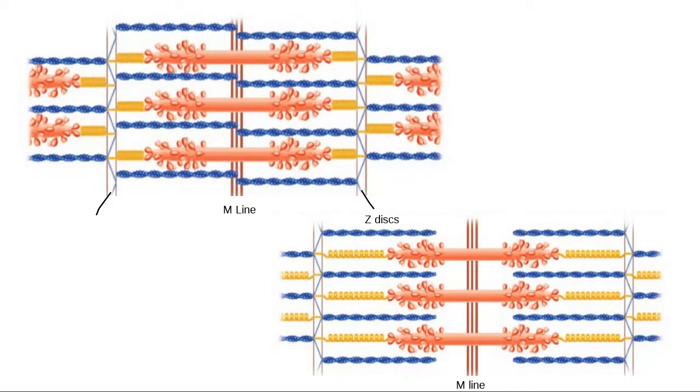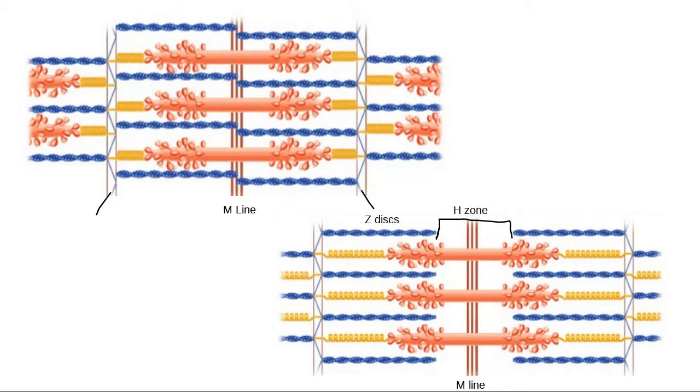In lab, we just talked about this space right here, where there's only myosin. The place where I only have myosin, absolutely, like we're saying in the chat, is called the H zone.